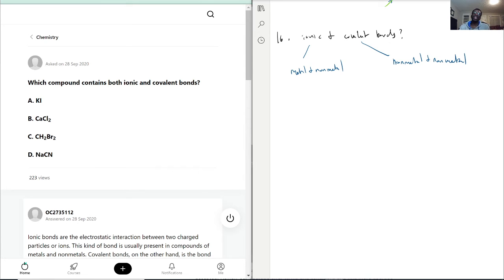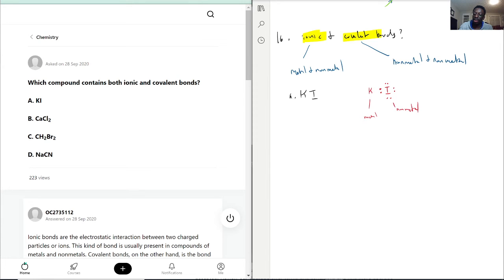Now this question is asking which compound contains both ionic and covalent bonds. We'll start with the first one, A, potassium iodide, KI. This one has potassium and iodide, so we have the metal and non-metal.